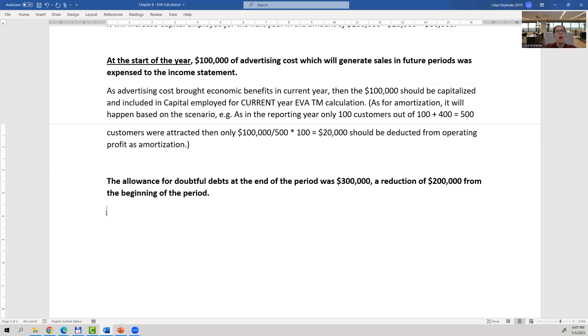So we say, as bad debt allowance is a non-cash item, it should be corrected for NOPAT calculation.